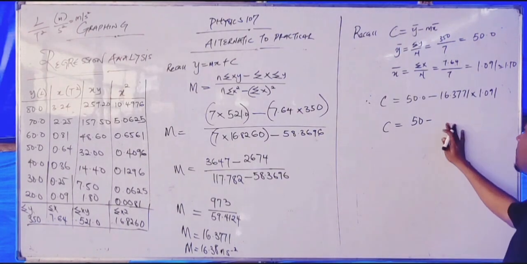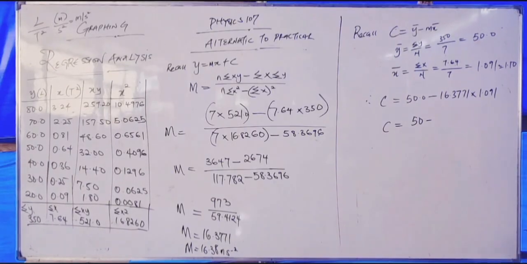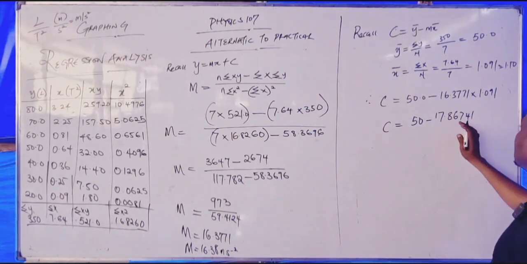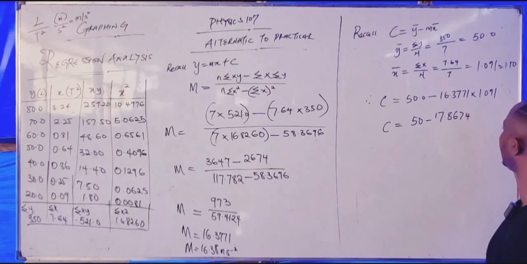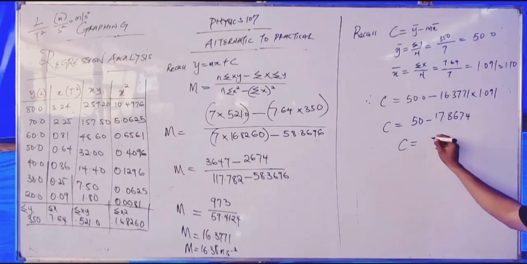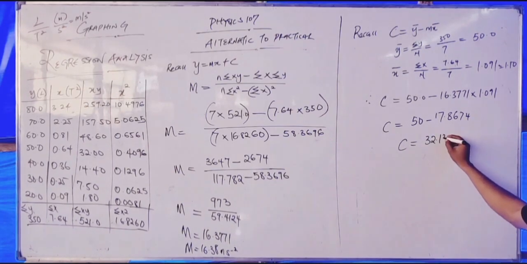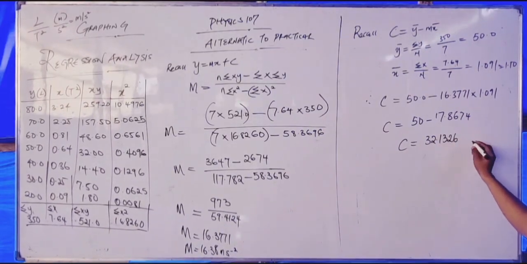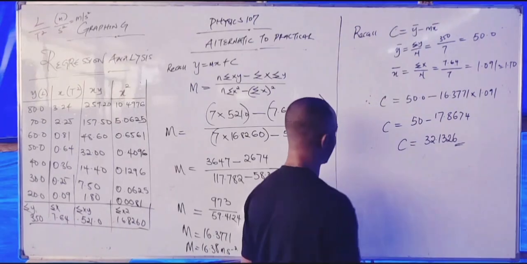What do you have? 17.8674161. Okay, so subtract this. What do you have here? 32.1326.